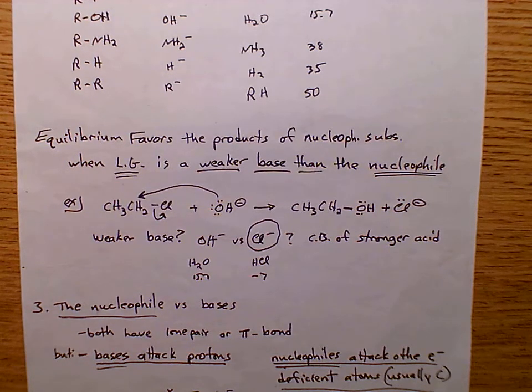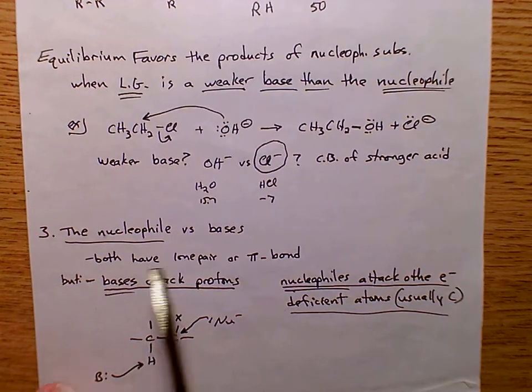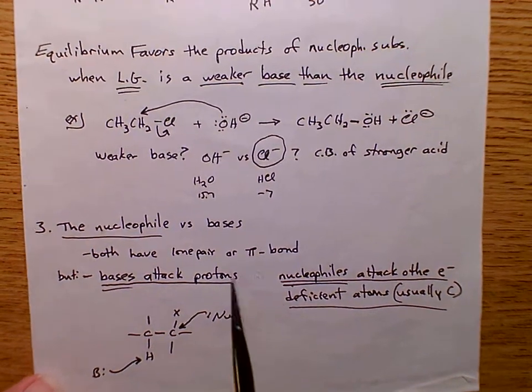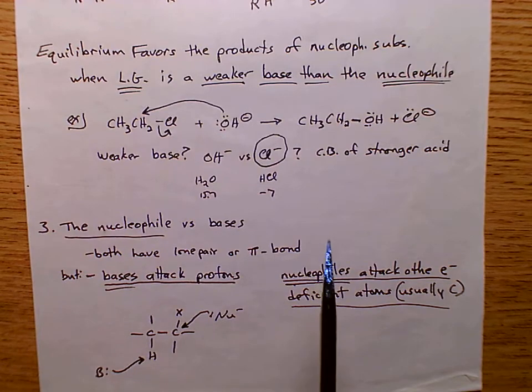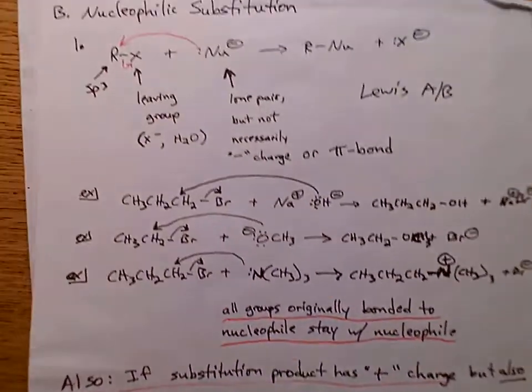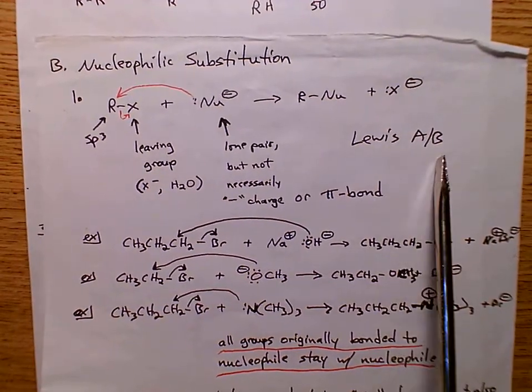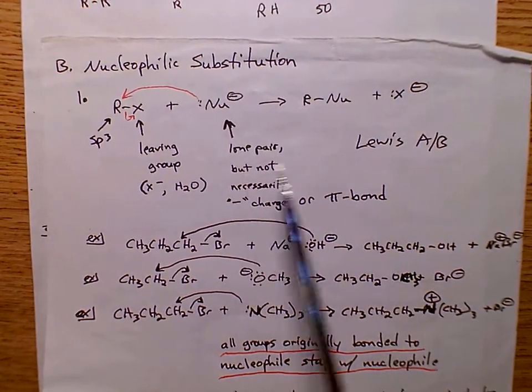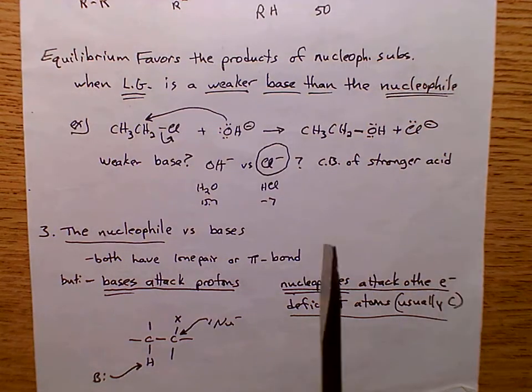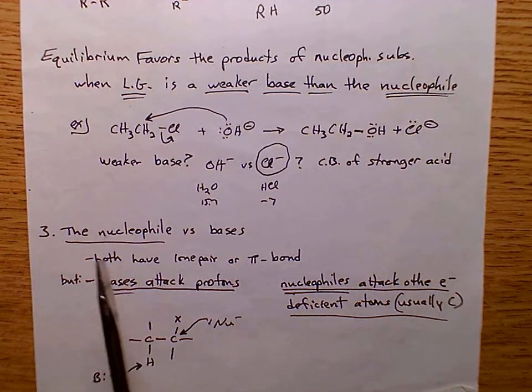So the last thing to our, well, continue on a little bit, nucleophile versus bases. Note, when we're doing a nucleophilic substitution reaction, go back to the previous page, we noted that it's a Lewis acid-base reaction. There's no protons being exchanged here. This is Lewis acid-base.